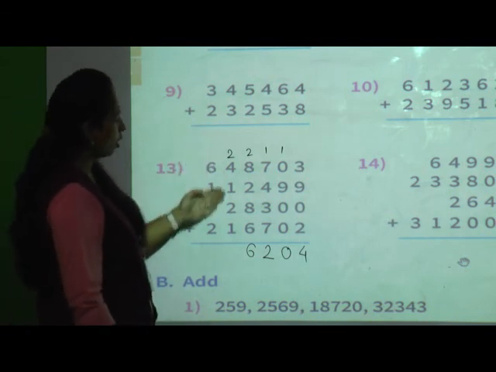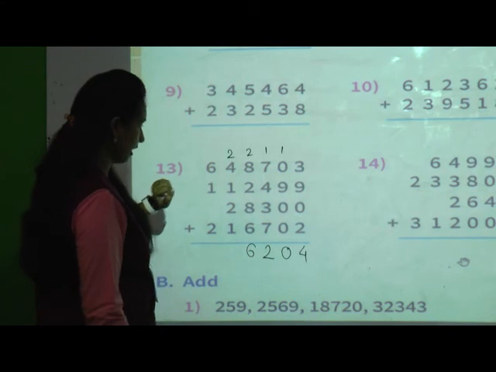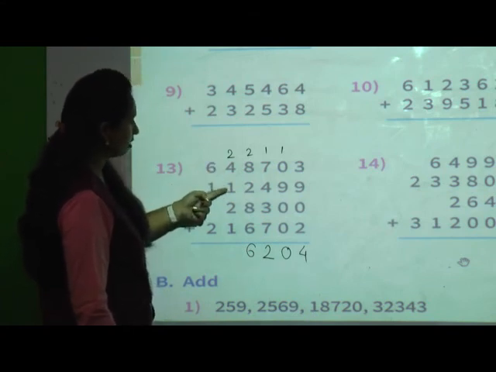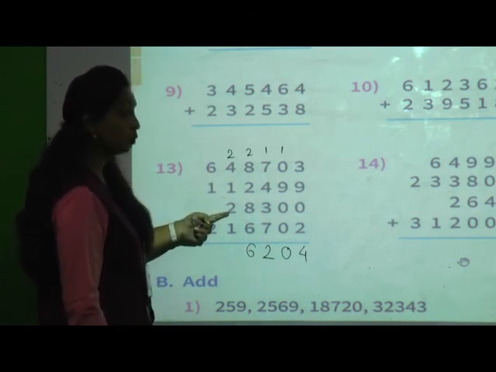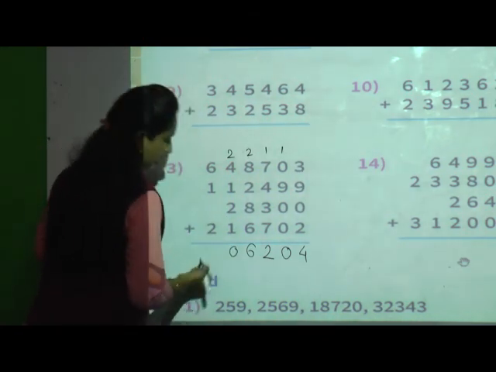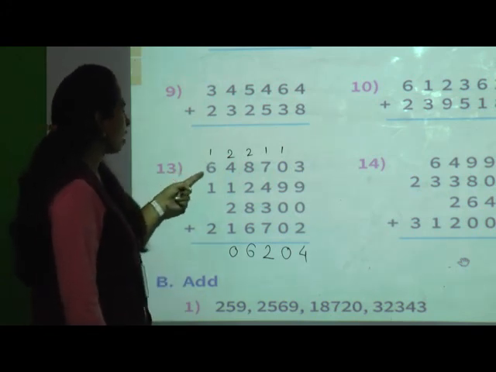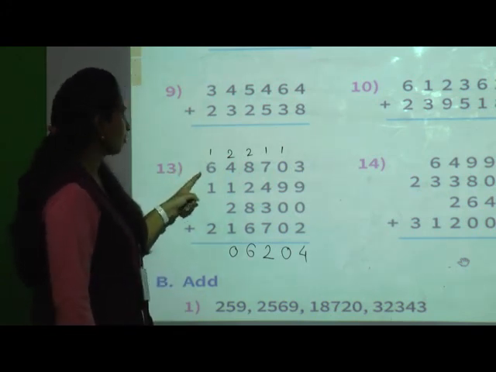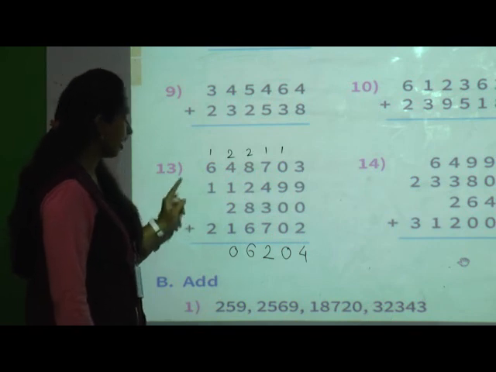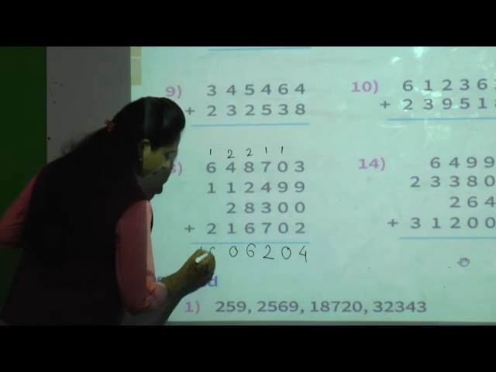Now we will add all the numbers on 10,000's place. 2 plus 4, 6. 6 plus 1, 7. 7 plus 2, 9. 9 plus 1, 10. So 0 on 10,000's place and 1 will carry to lakhs place. 1 plus 6, 7. 7 plus 1, 8. 8 plus 2, yes, 10.